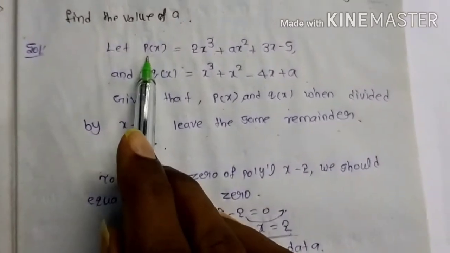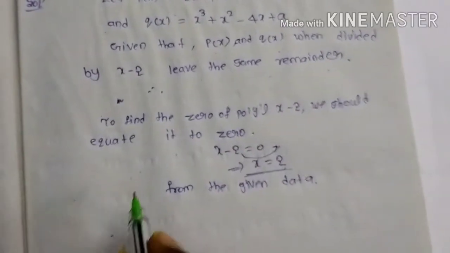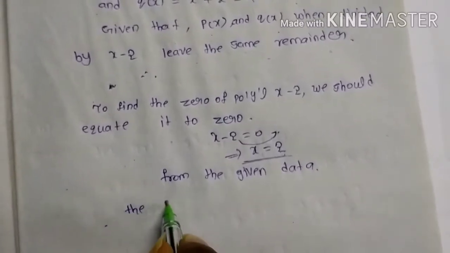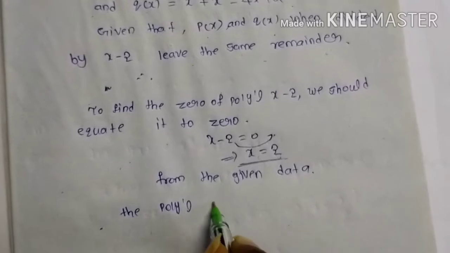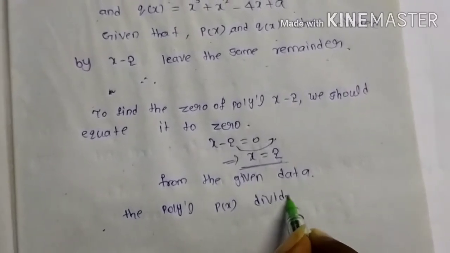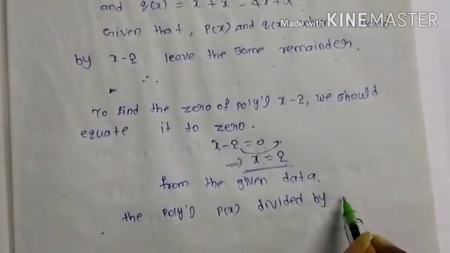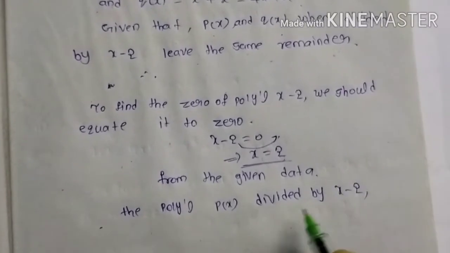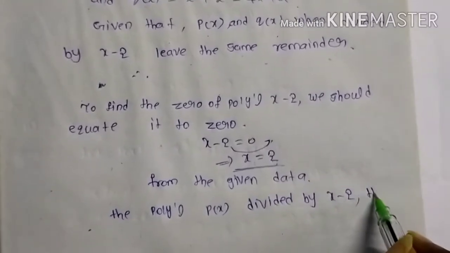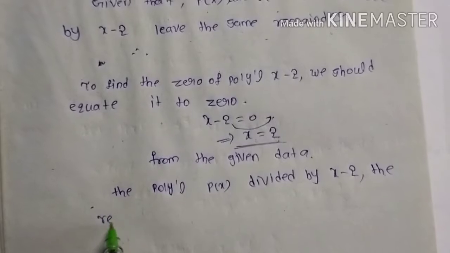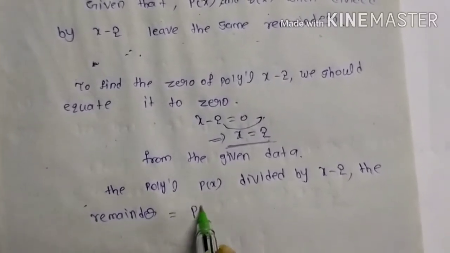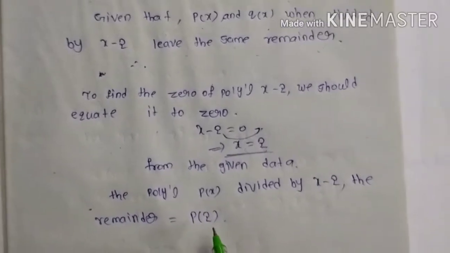That means the polynomial p of x divided by x minus 2, the remainder is equal to p of 2 only. Yes or no? The remainder is equal to how much?